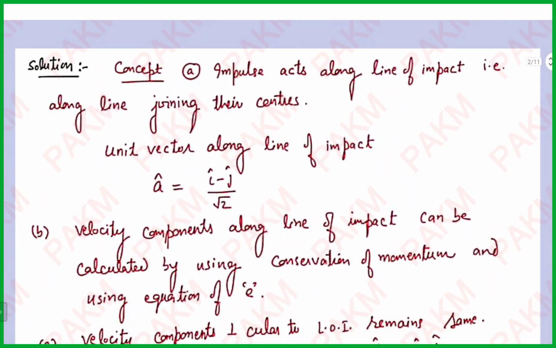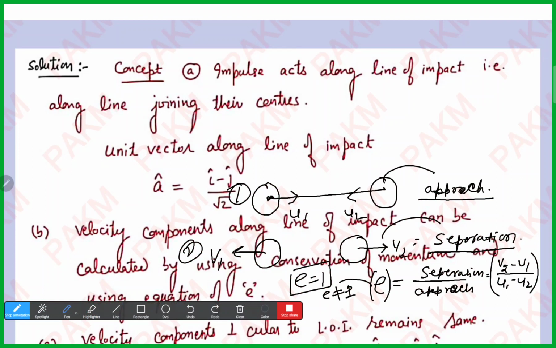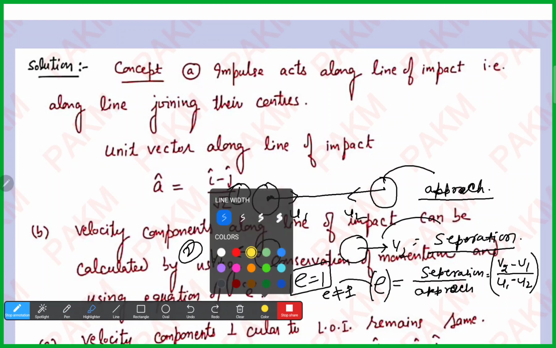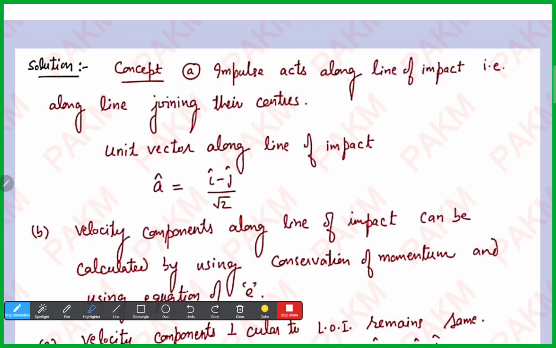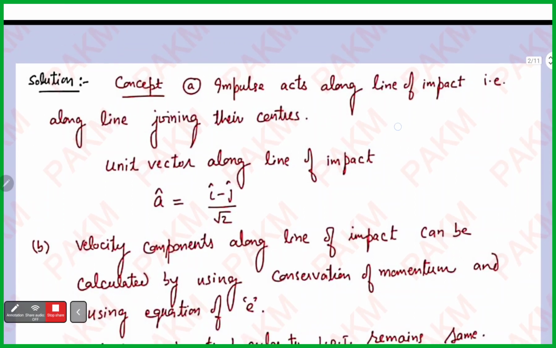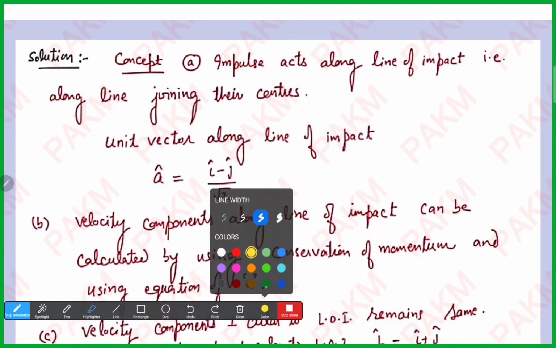Now there are a few important points that I have drawn for your understanding. Please note those points. Point number one, the impulse acts along the line of impact. As you know, once the head-on collision takes place, the central line will be causing the velocity change.